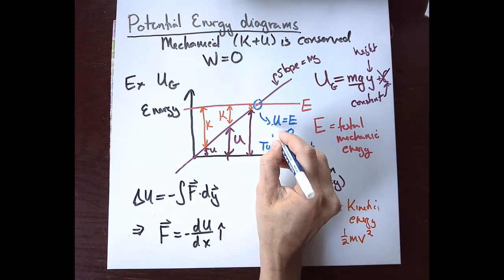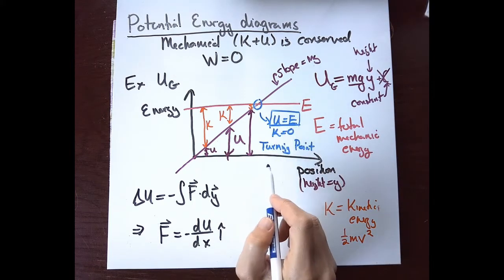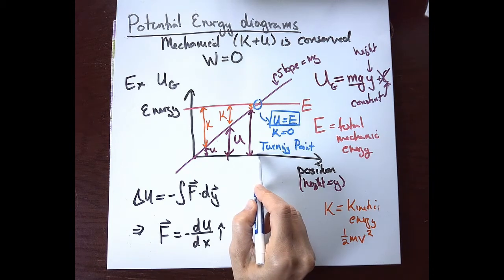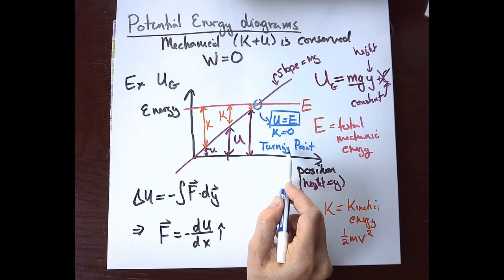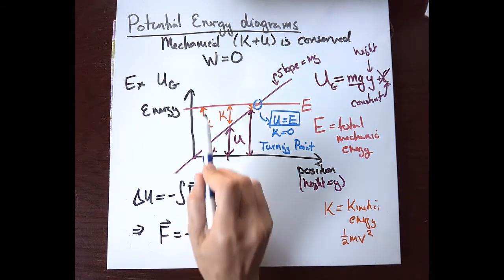So you can always mathematically tell that you've got a turning point when you set the kinetic energy equal to 0. That will tell you at what position you're getting this turning point. And it's called a turning point because, again, think of this as we've got an object, it's in gravity.